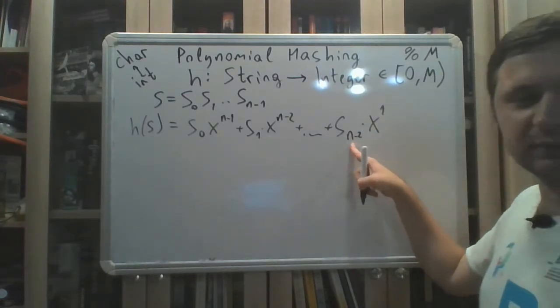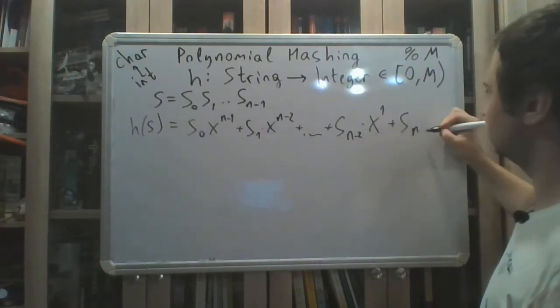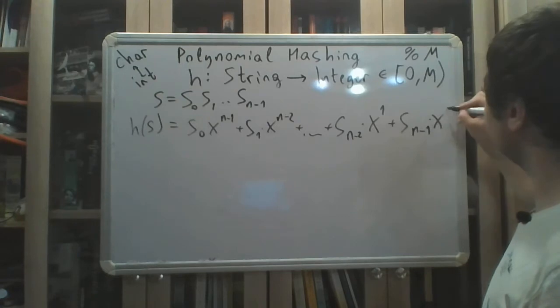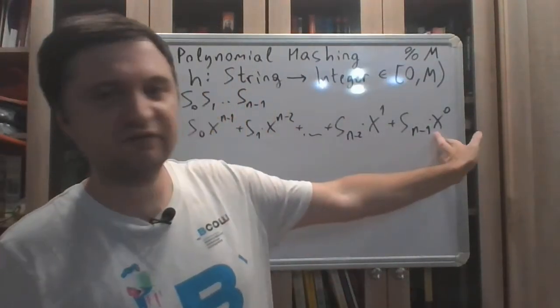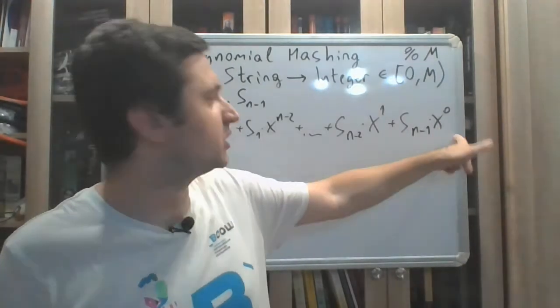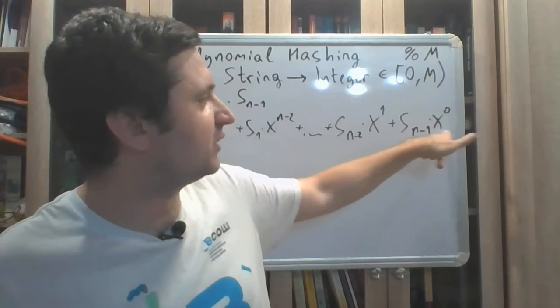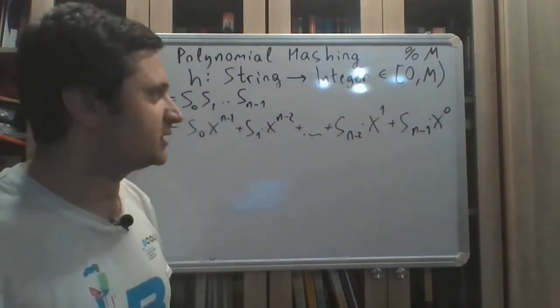So for index n minus 2, I have power 1. And for the last index, I simply have power 0, which is a 1. So I could have omitted the x to the 0th factor over here, because it's simply 1. But it is more consistent to write like this.